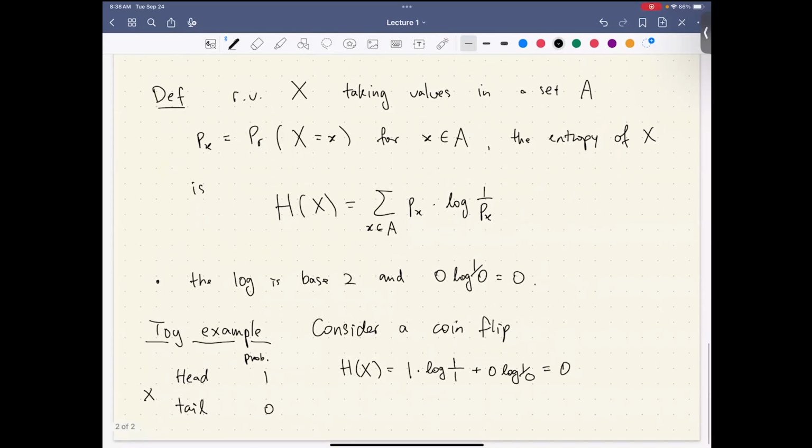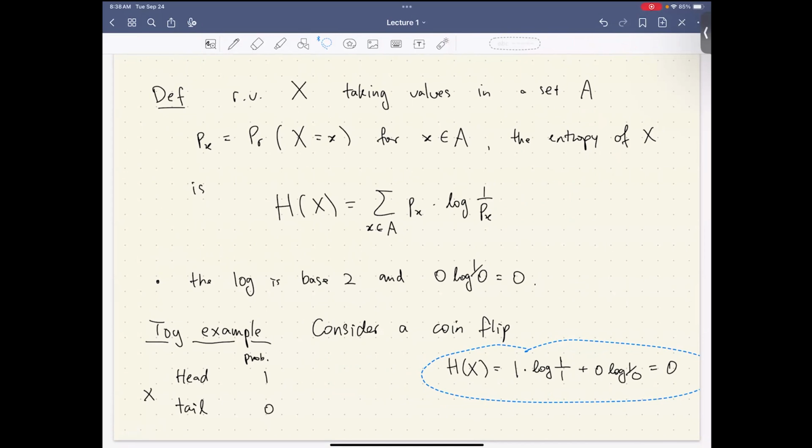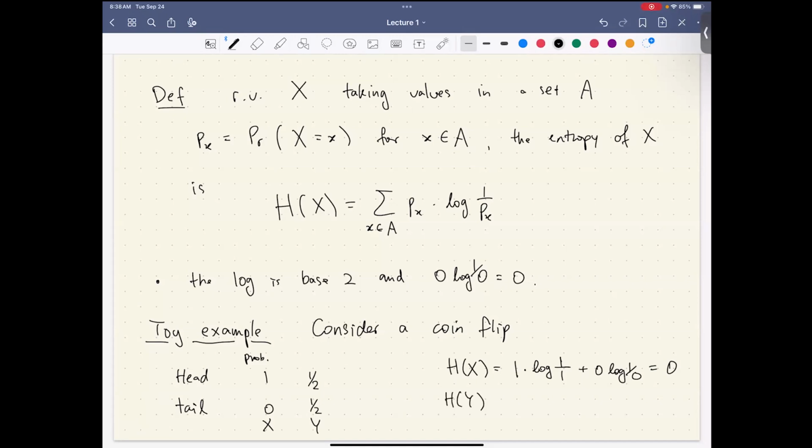Now let's look at a slightly more reasonable coin flip. Let's assume our coin is a fair coin with probability 1/2 to have tails and 1/2 to have heads. It's a normal coin flip. What is then the entropy of it? Well, H of Y, this random variable: we have probability 1/2 times log of 1 over 1/2, which is log 2, which is 1, plus the same for tails.